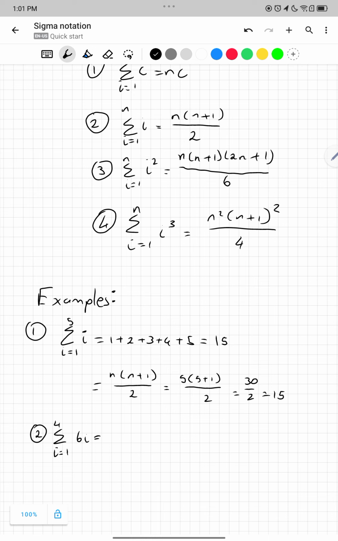So 6, 1 plus 6 plus 6 plus 6. So let me see.